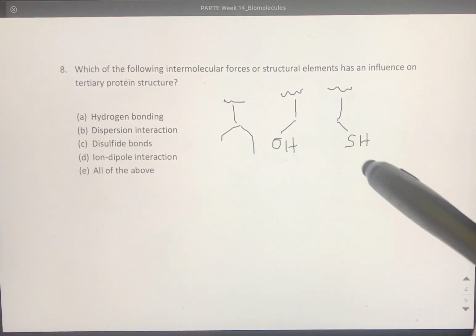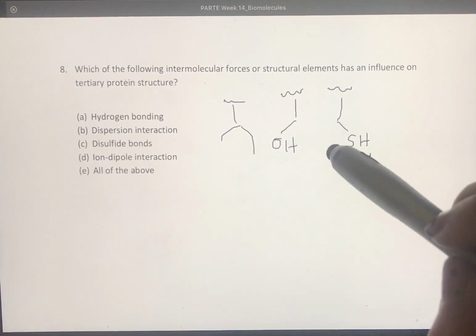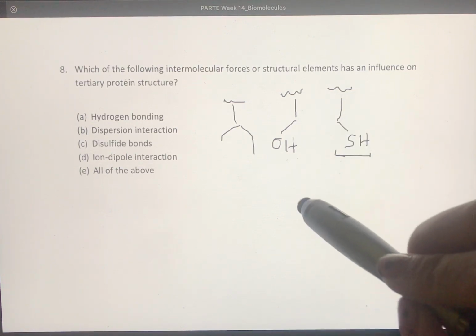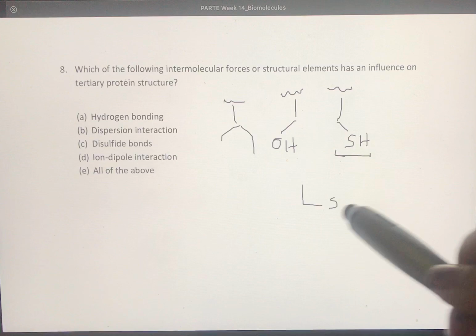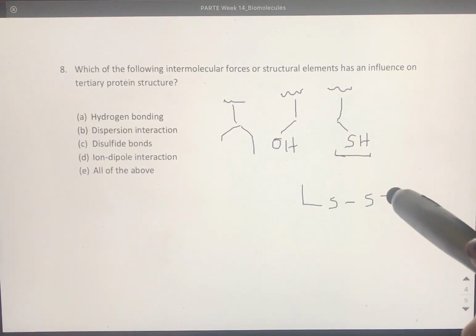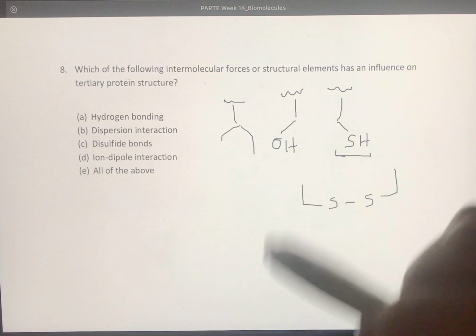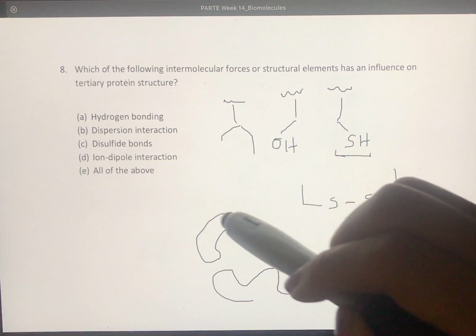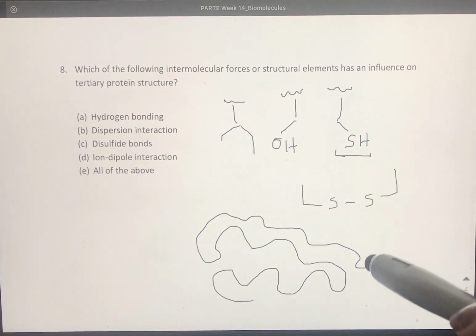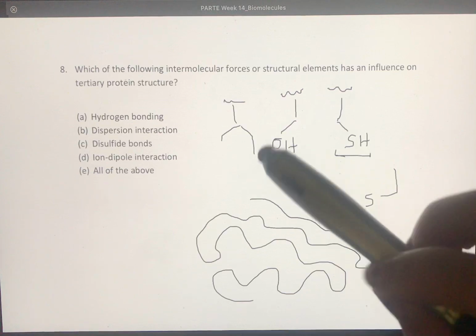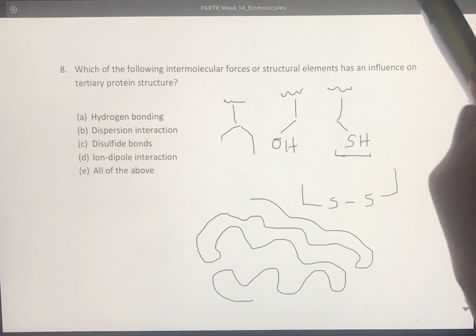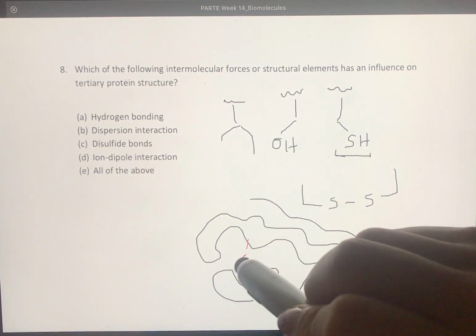This is called cysteine. And we can have 2 of these from different parts of the molecule or different parts of the protein actually react together and bond with each other. So then if we have a protein which looks like this, a very realistic sketch of a protein, we can have 2 parts of the protein be held together by these disulfide bonds, so it stabilizes it.